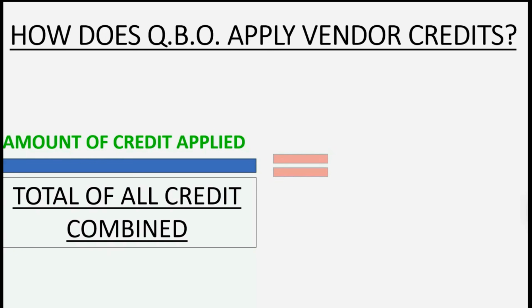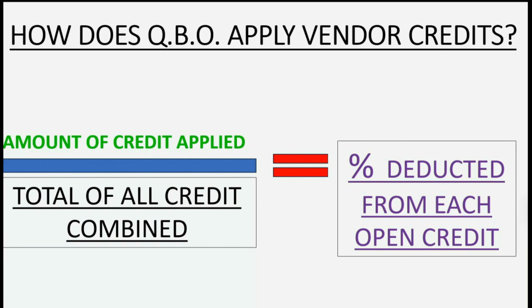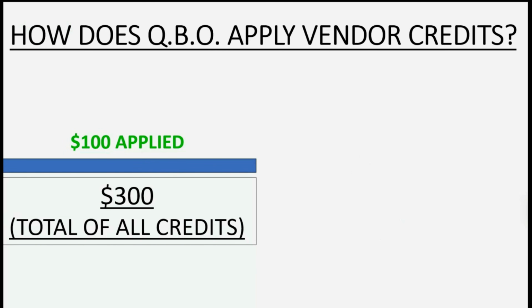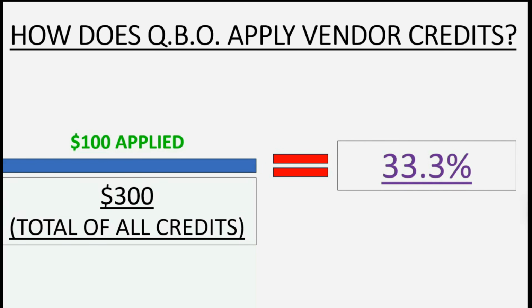And that number will be equal to the percent that they deduct from each open credit. And in our example, we're applying $100 credit where we have $300 total credit from the vendor. That means at this moment, if we choose to apply $100 while we have $300 available, that means we're applying 33% of the total credits that Con Edison gave us.